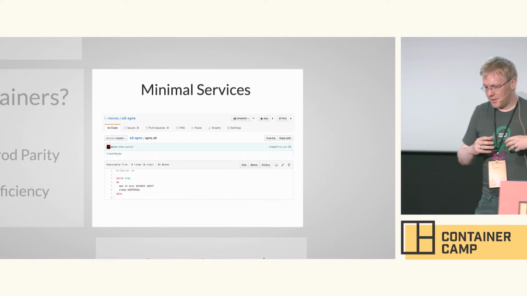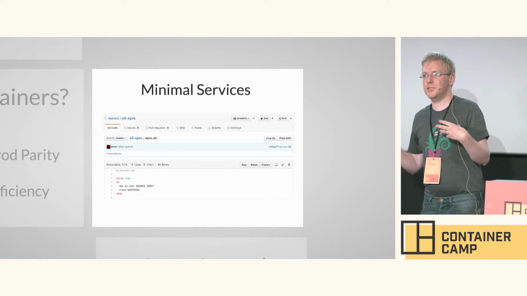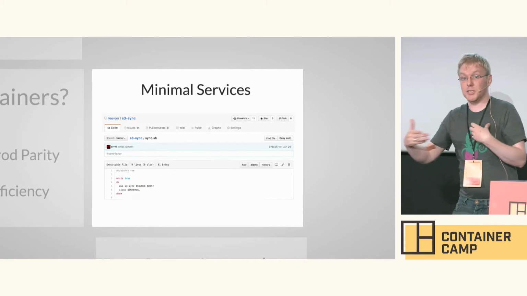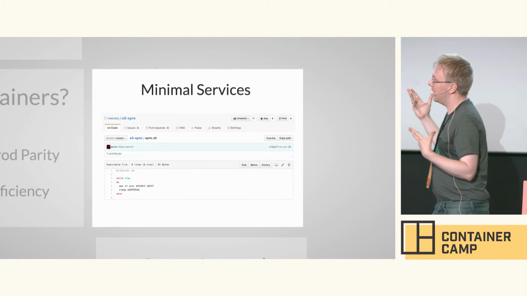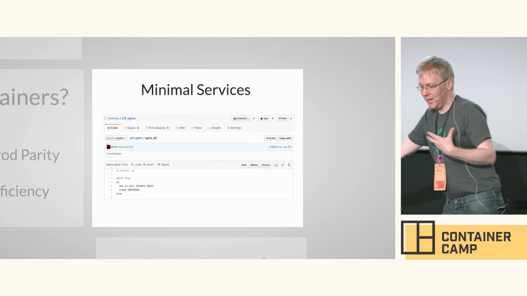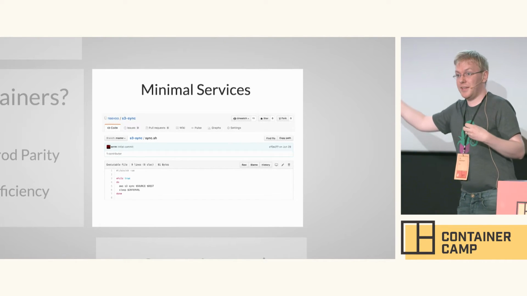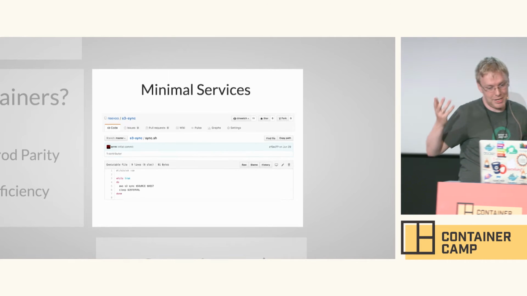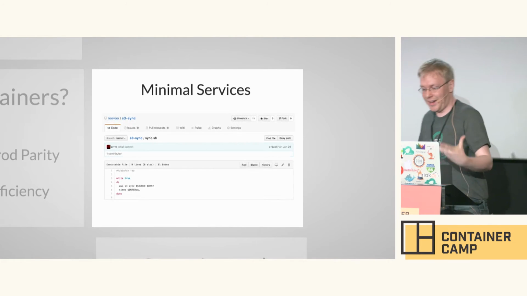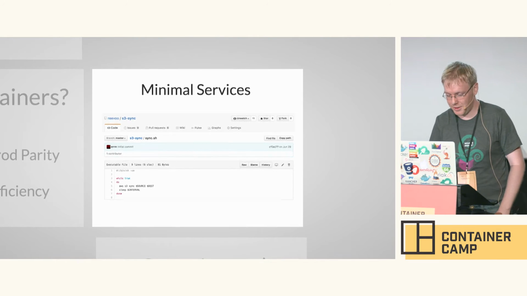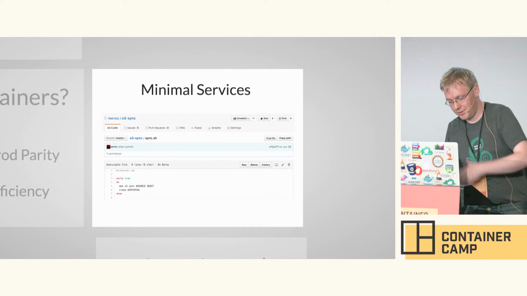So I think containers give us the opportunity to ship really, really small things, ship the minimum viable product, even if it is a little bit shit. You can totally go out there and build this, and then if it turns out to be a big important service, you can build on that. It lets you ship things really fast, make mistakes, move on.